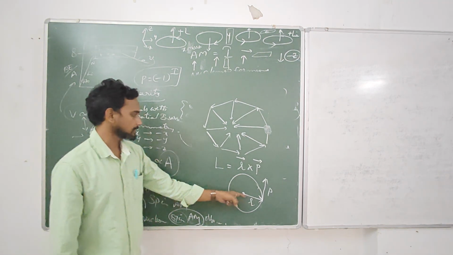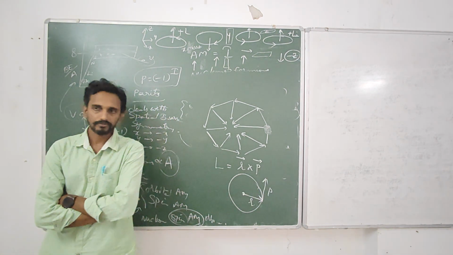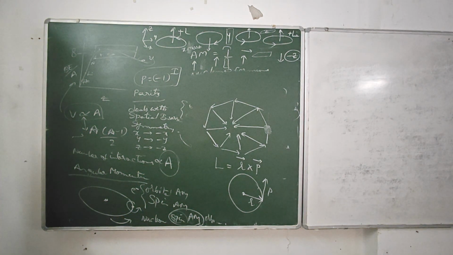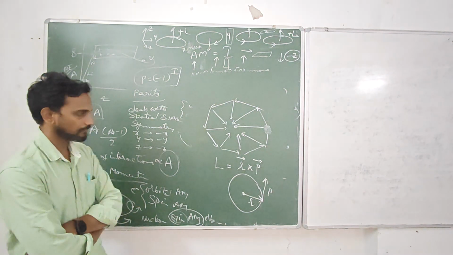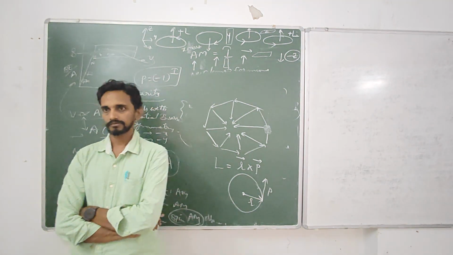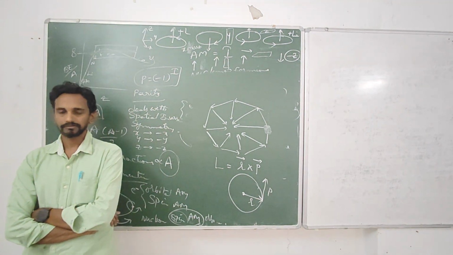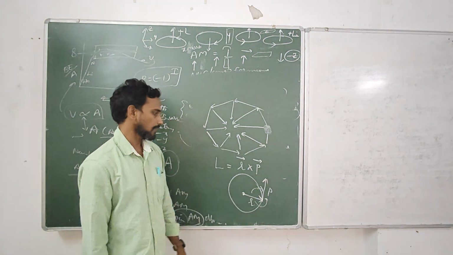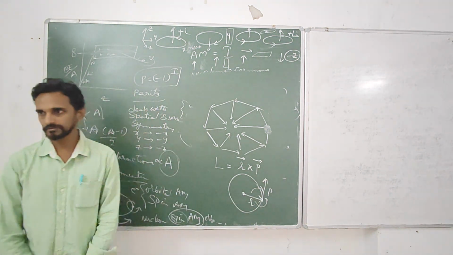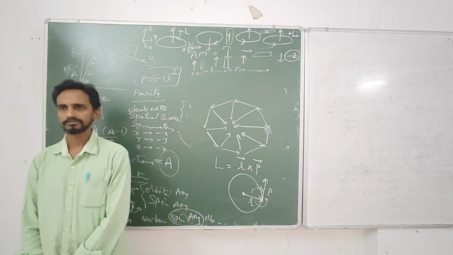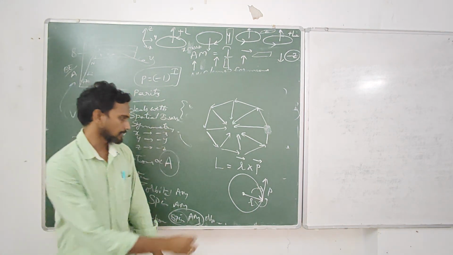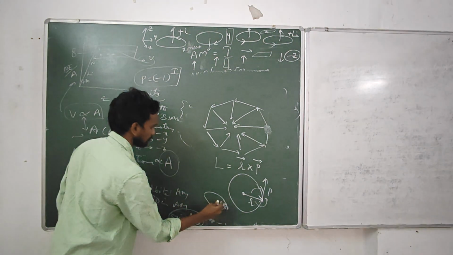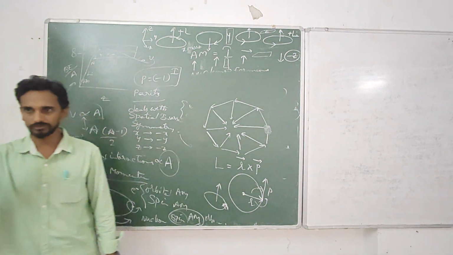So what is the first vector? This is r and this is p. What is the direction of journey from r to p? Which way should I take? Is it this or this? As per the definition, it should be the smallest, so I have to take this. But then, if the object is in anti-clockwise motion, my right hand thumb rule says the vector must be upwards.